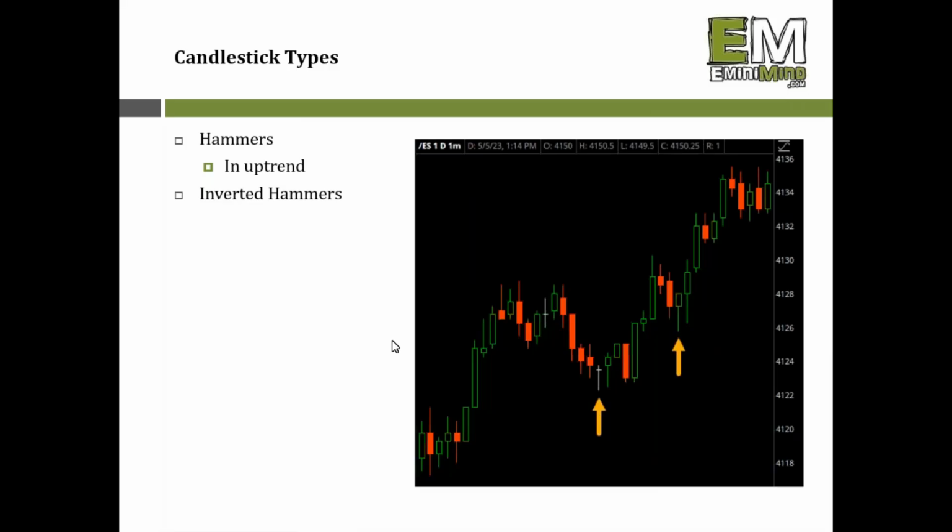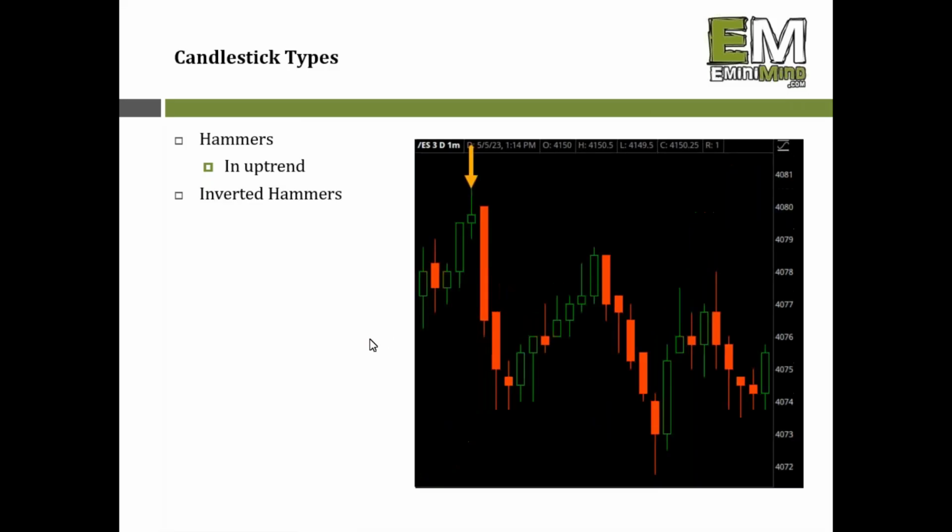The reason they're helpful is they signal price rejection. If you think about this inverted hammer here, at one point in this 1 minute time frame, it looked just like the candle before it, a big green bar, a big bullish candle. Then in order to form an inverted hammer, it would have to retrace, sell off, and close somewhere near the open.